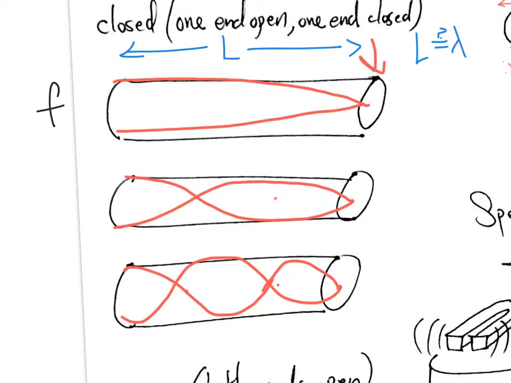See if you could figure this out. I'll pause for a moment. Alright, got it? Maybe. So the length of the air column is equal to 1/4 of the wavelength.